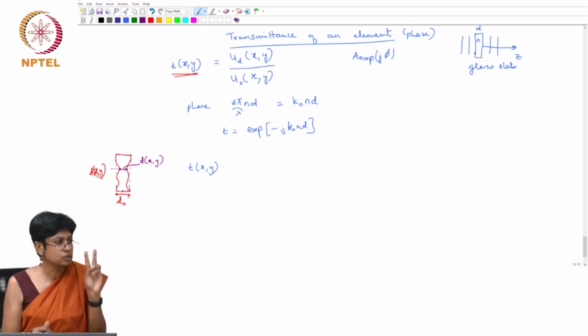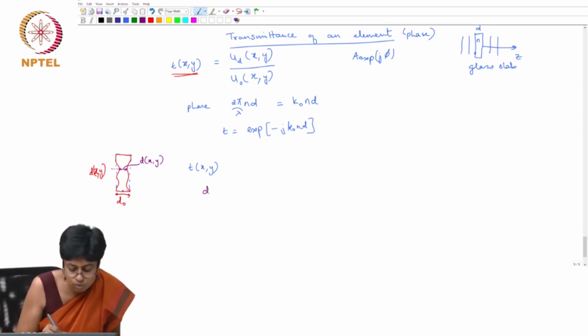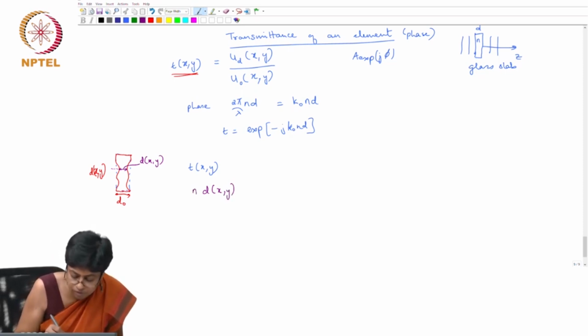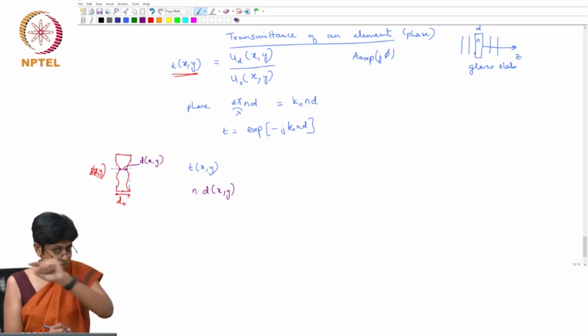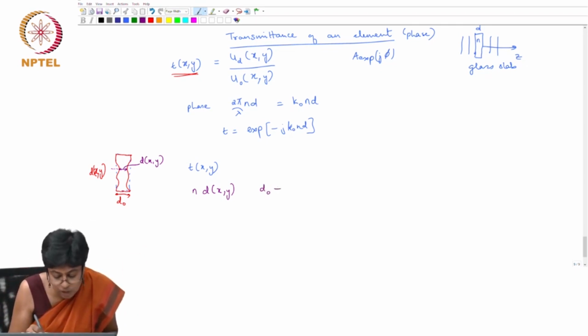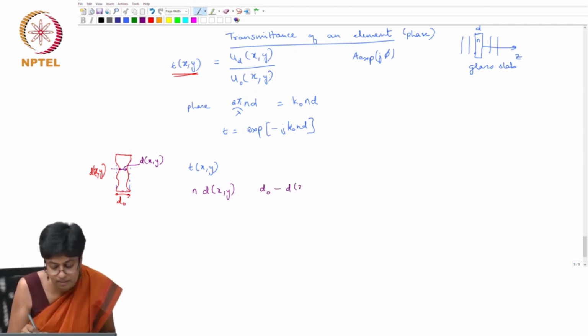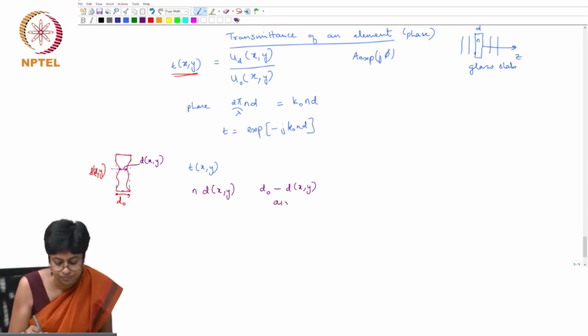Well, it's traveling through two different media, right? It travels through a thickness d of x y, a medium of refractive index n, but in that same line, it also travels a thickness d naught minus d of x y through air, right?